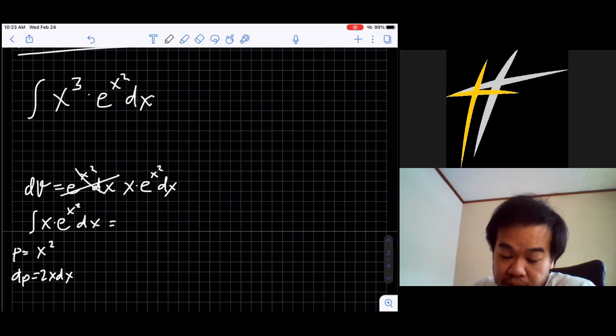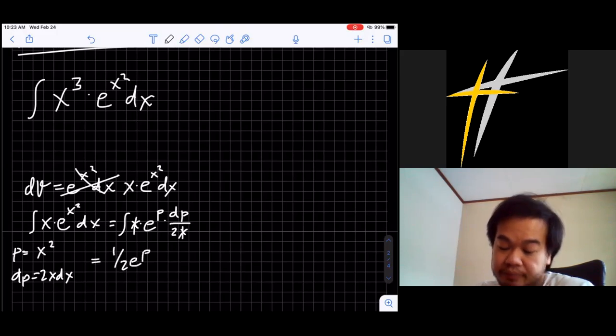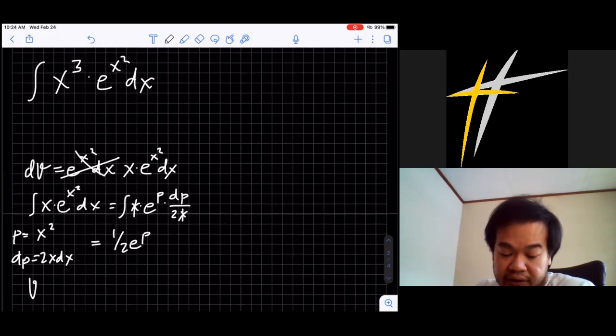So basically this is equal to the integral of x times e power of P dP over 2x. Cancel, cancel. So this is basically half e power of P. So in this case, v is equal to half e power of x squared.